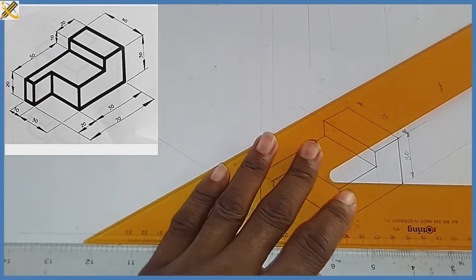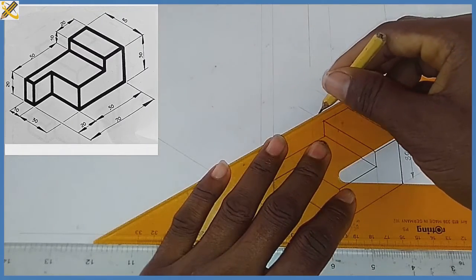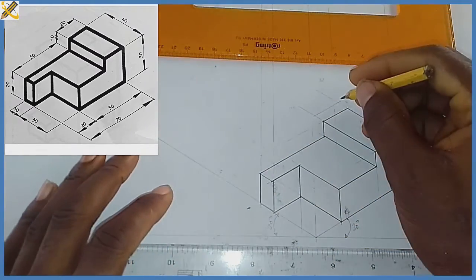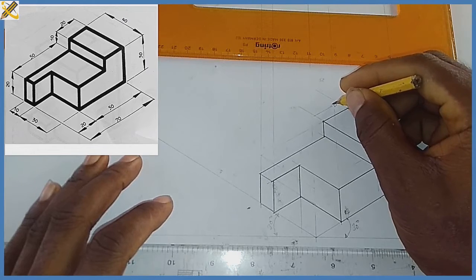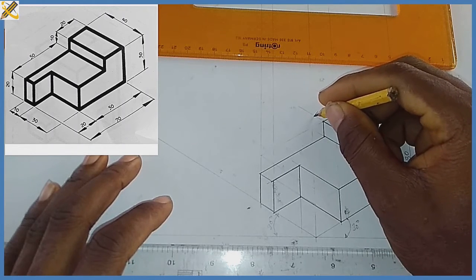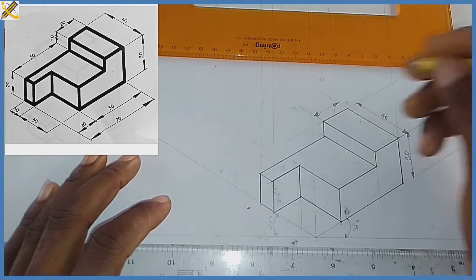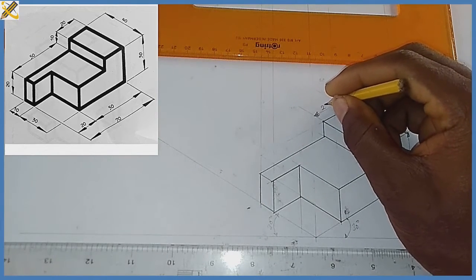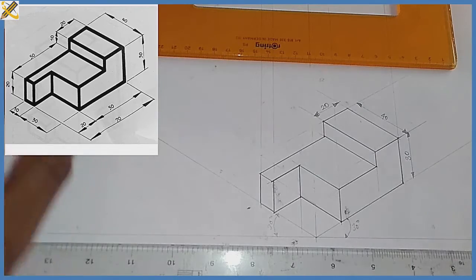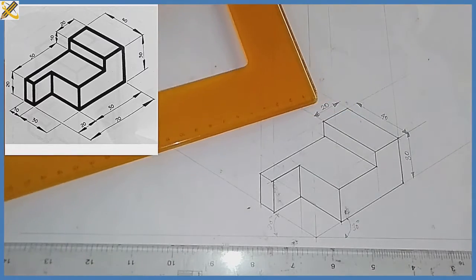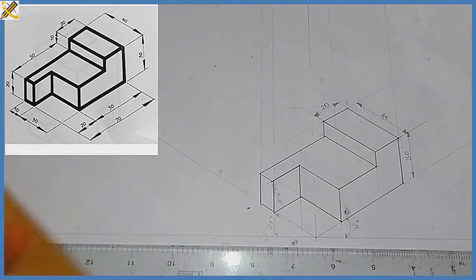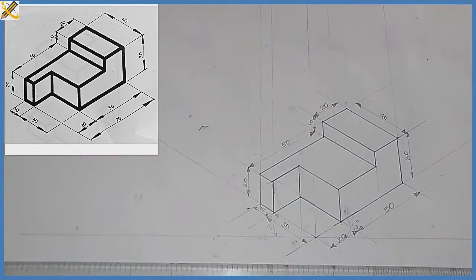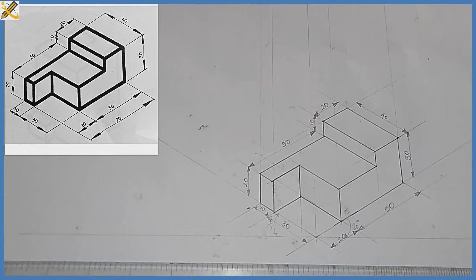Yeah, it must be parallel to it. So right here, the dimension there is 20. Okay, so that is the complete drawing with its dimensioning on the screen right there.